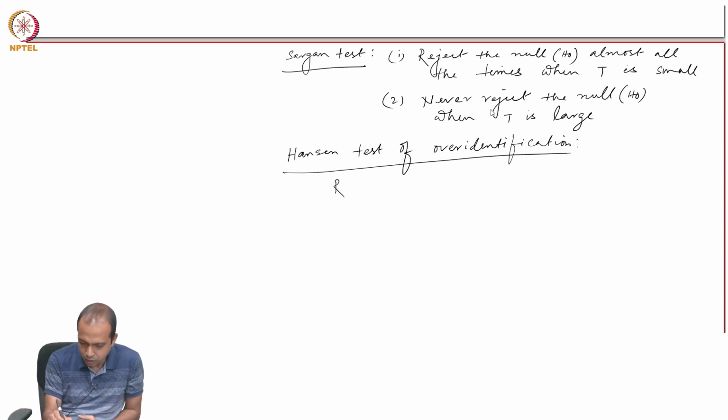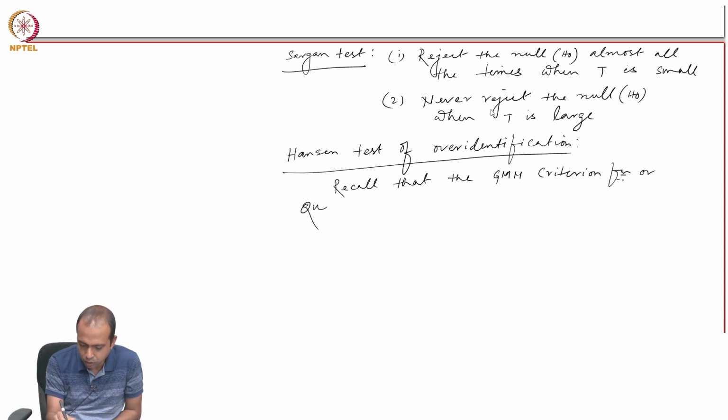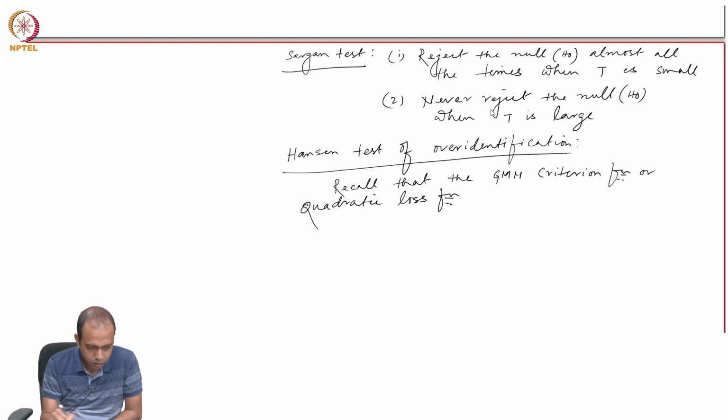Recall the GMM criterion function, or quadratic loss function, that we have used earlier, Q.